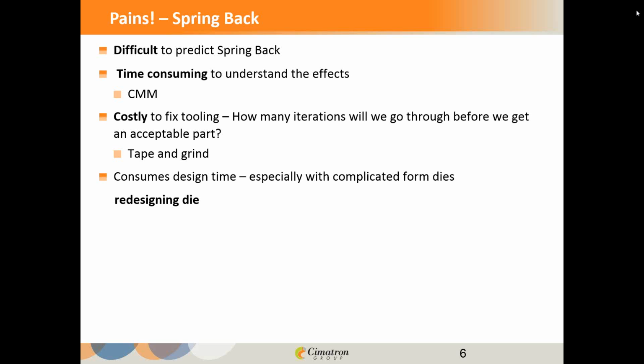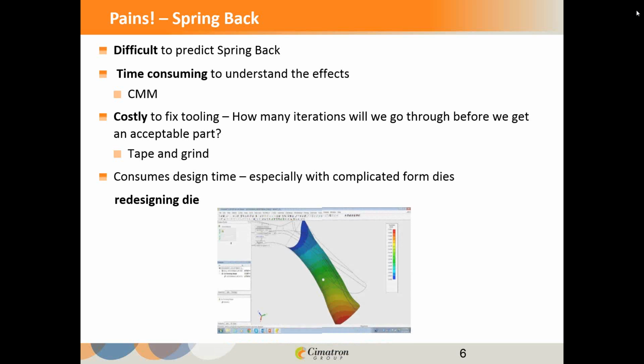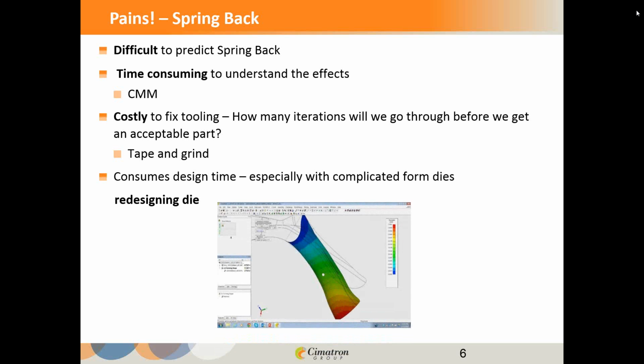Perhaps you have heard of the expression tape and grind. You have to tape up the die to add material and then grind clearance so that you can get the part in and out of it. How many times do you have to take the die through a tryout to see if the changes you've made are making the effect on the part that you're looking for? All of this takes time, and when you're dealing with a complicated die, it can be very costly, very time-consuming.